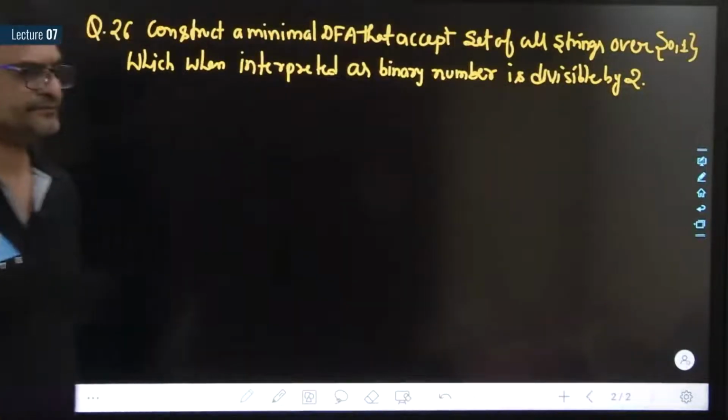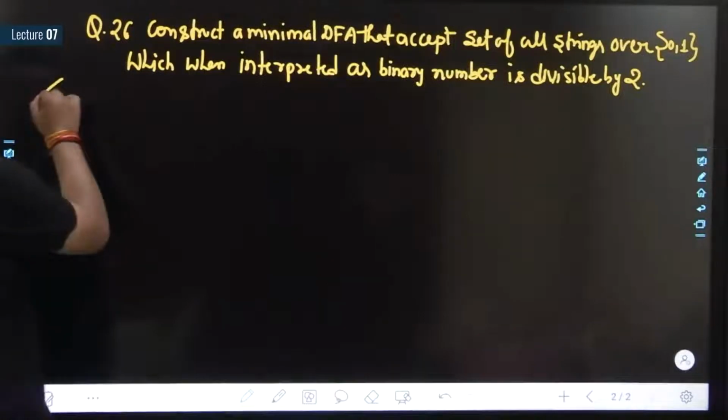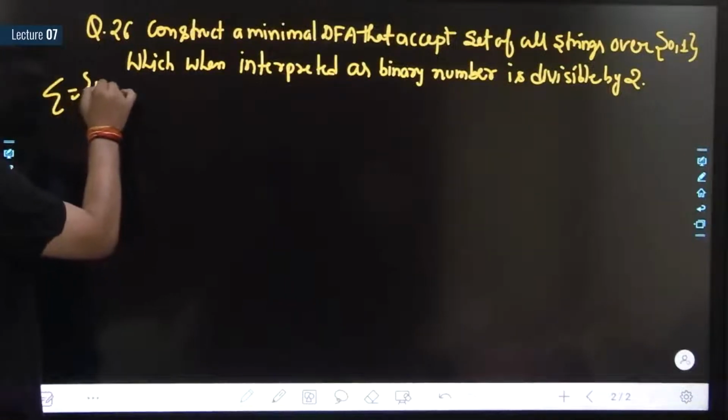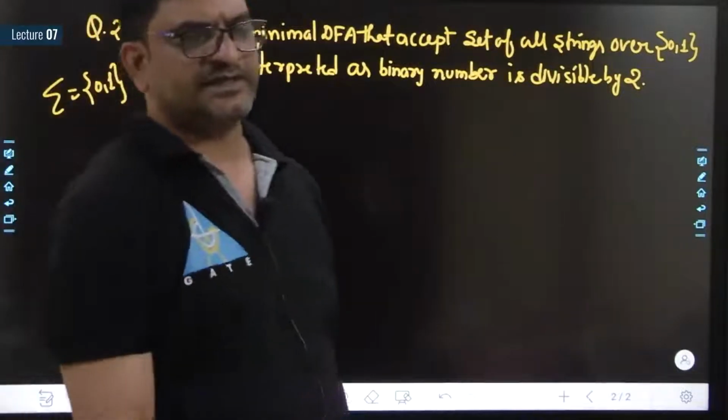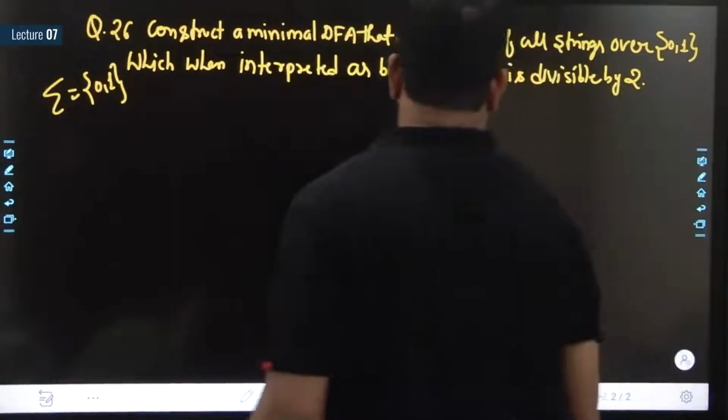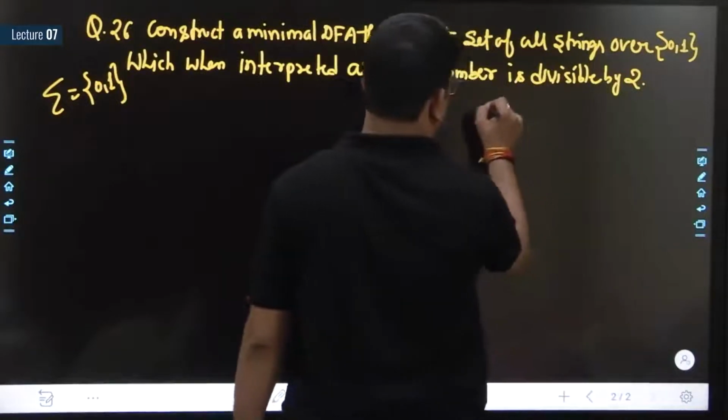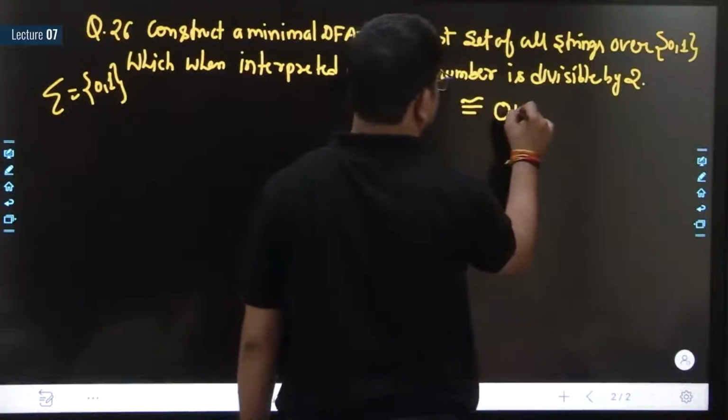Clear? What are the input symbols for this? 0, 1. We can write this question as congruent to 0 mod 2.